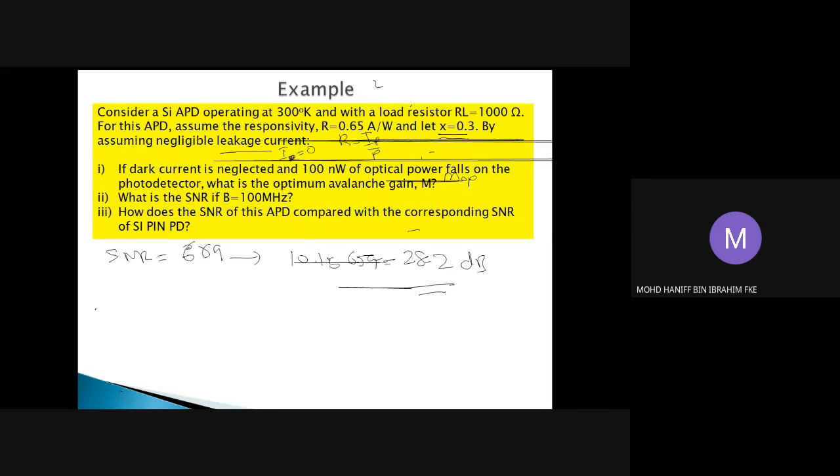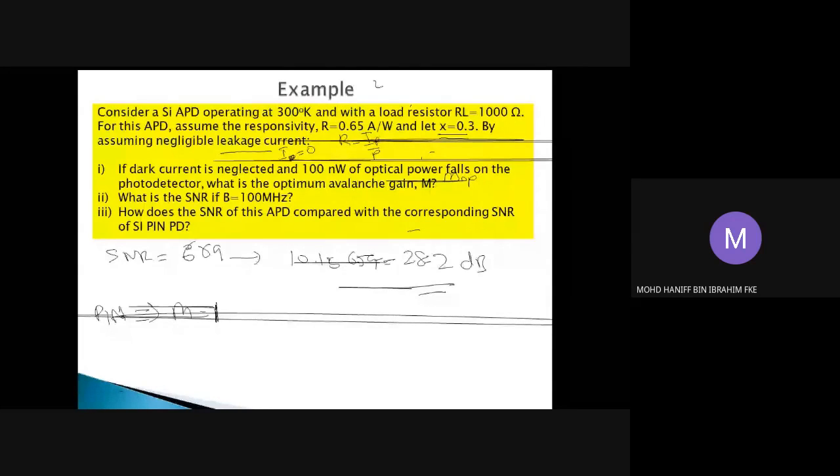For the case of PIN photodiode, the value of M shall be equal to 1.